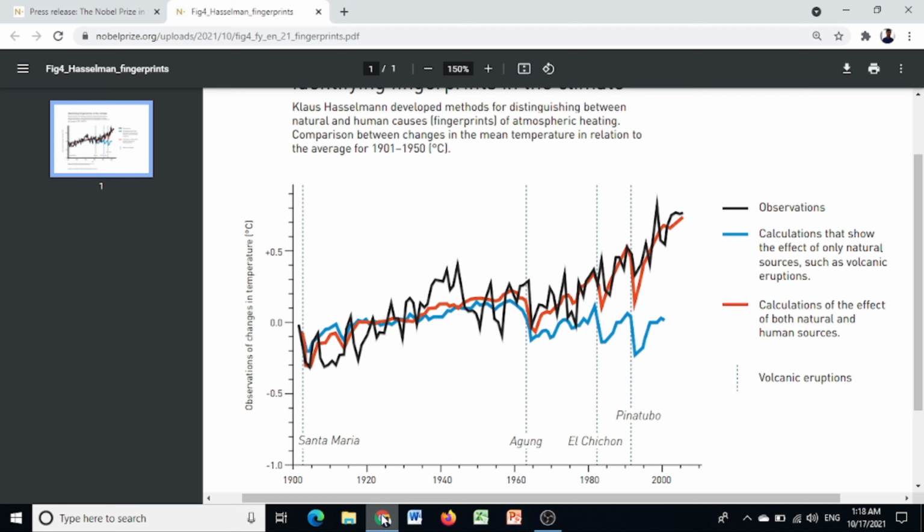Hasselmann created a stochastic climate model, which means that chance is built into the model, like a random walk model. Using this theory, Hasselmann demonstrated that the rapidly changing atmosphere can actually cause slow variation in the ocean. Hasselmann's work provides the framework from purely spatial data to spatiotemporal data.